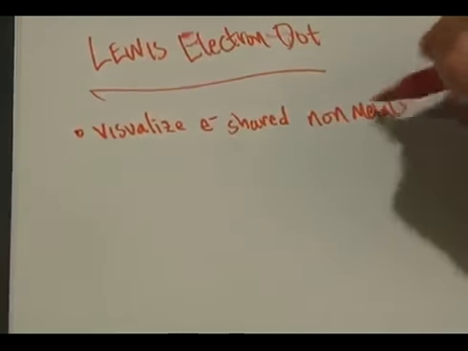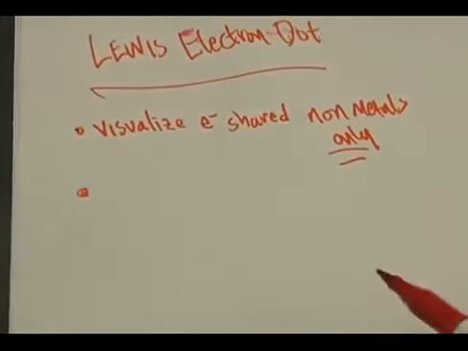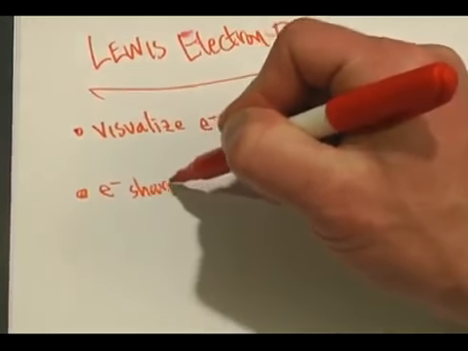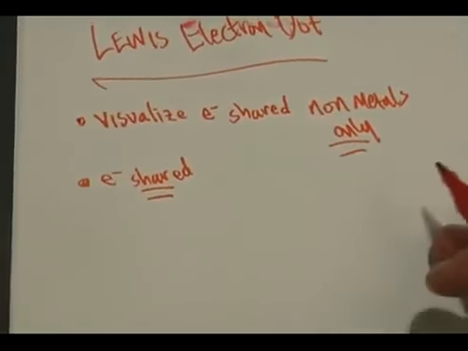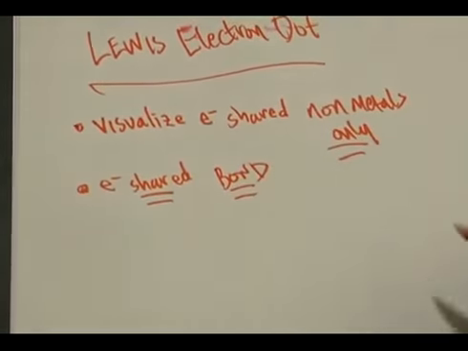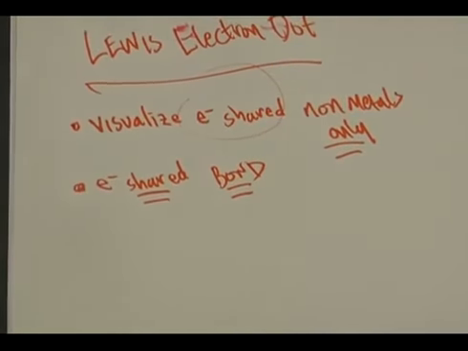Nonmetals only. These are covalently bonded compounds, and so they are shared electrons. Electrons that are shared, and they're shared in the form of something called a bond.